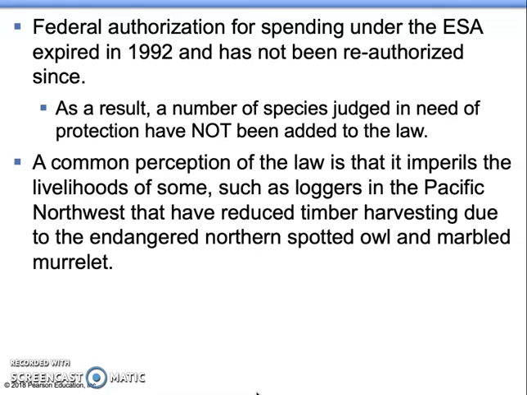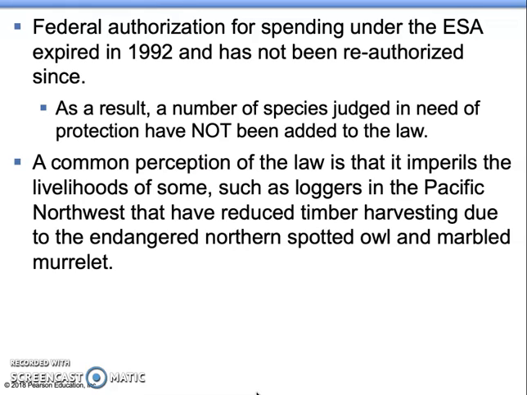And so a number of species that are likely in great need of protection have not been added to the law, meaning they have not been listed as threatened or endangered. One of the reasons for this is that the law is often seen as imperiling the livelihoods of some people.